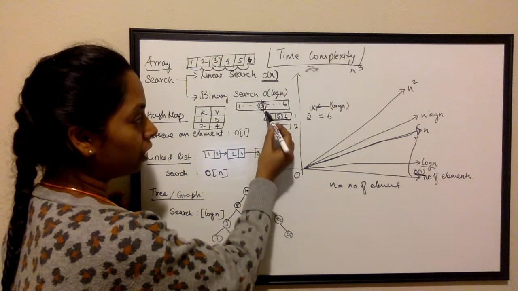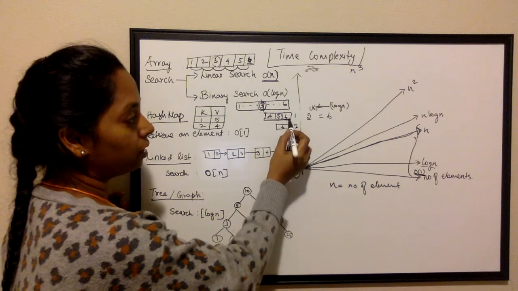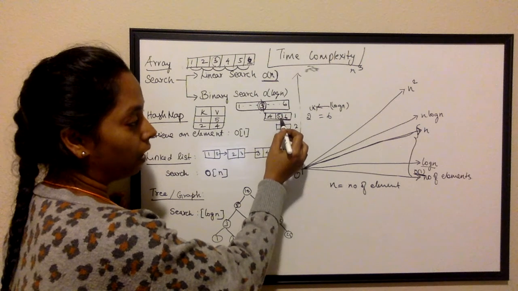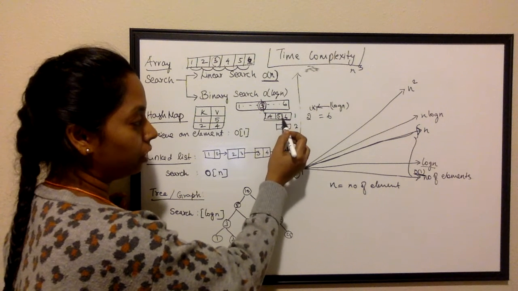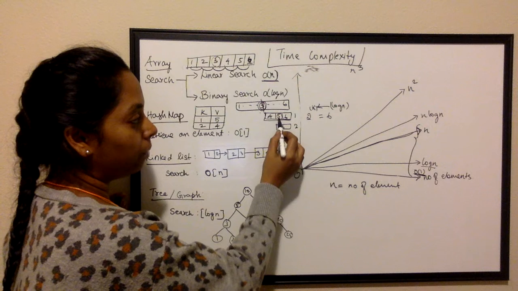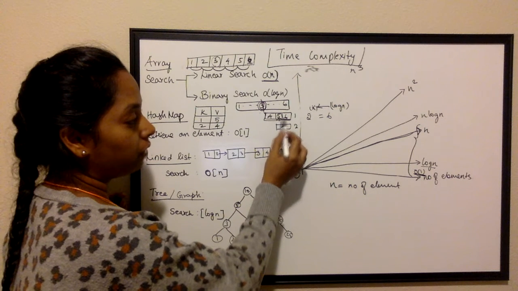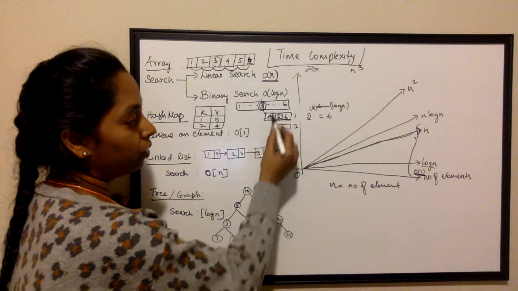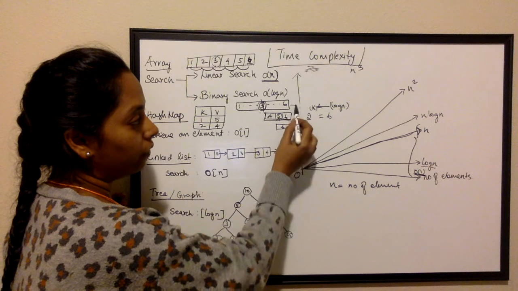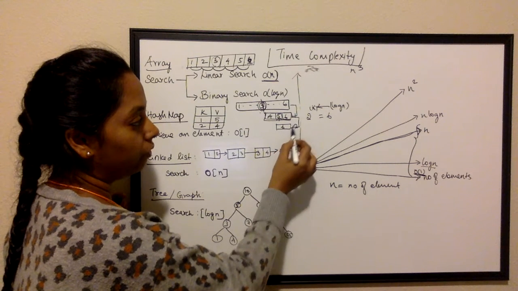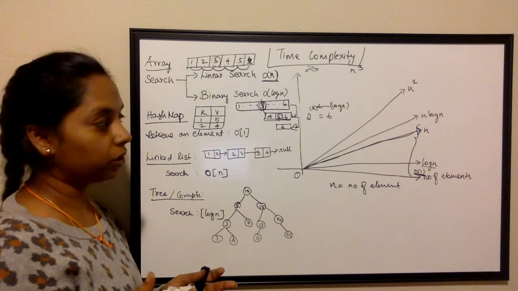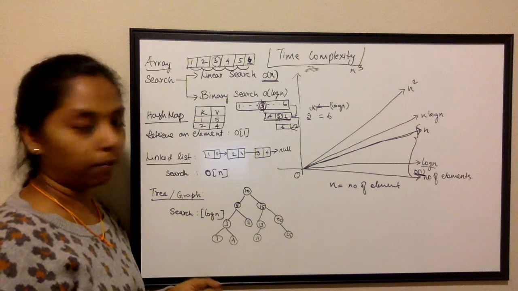So search from 4 to 6, and again do one more logical separation, find the mid element 5 and check if it is smaller than the target, then search on the right. So on every single iteration, you're dividing the array in half by logical separation, and you're trying to find the element.